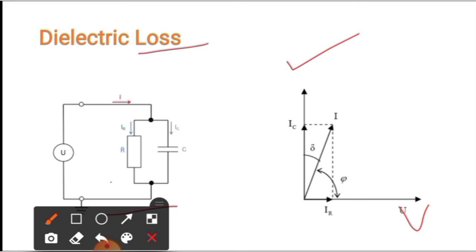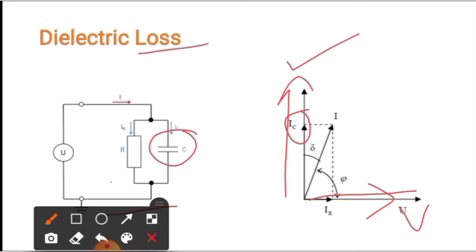Here I have taken V as a reference. In case of a capacitor, generally in an RC circuit, current leads the voltage in ideal capacitor condition. So this is the current leading the voltage. The current flowing through the resistor is in phase with the supply voltage, and IC is the current flowing through the capacitor, which leads the supply voltage. The resultant of IC and IR is the total current I flowing through the circuit.